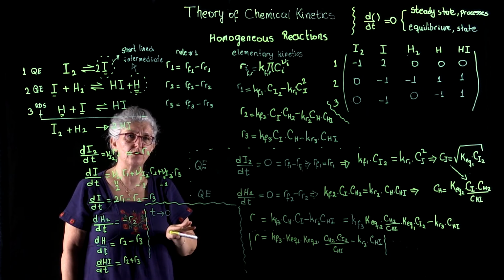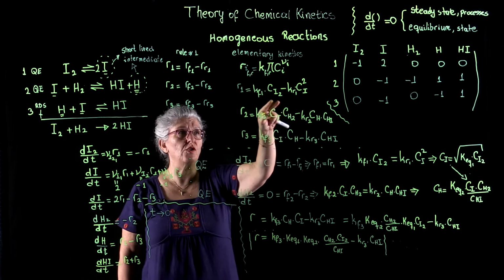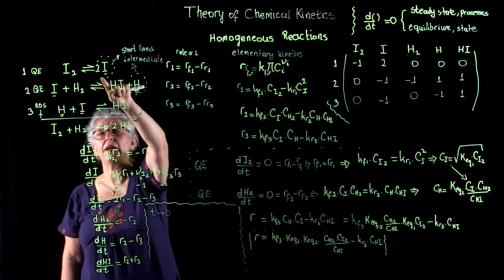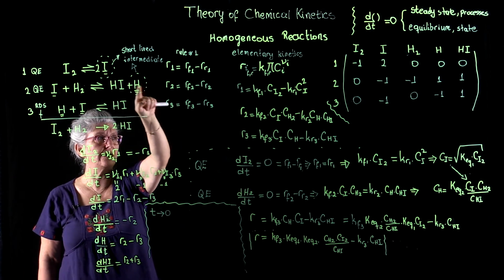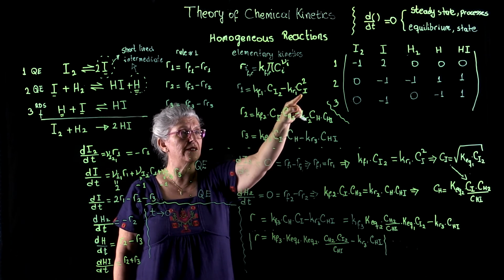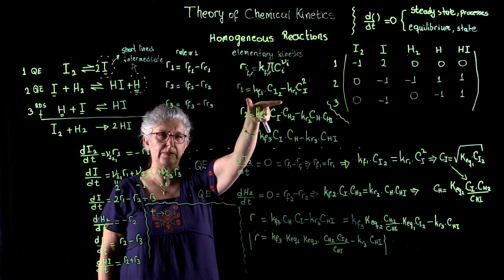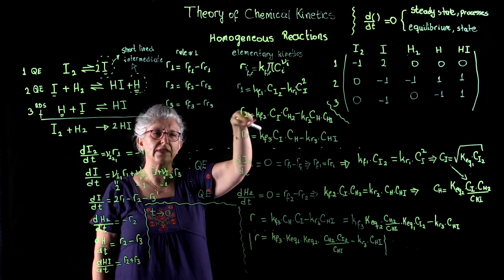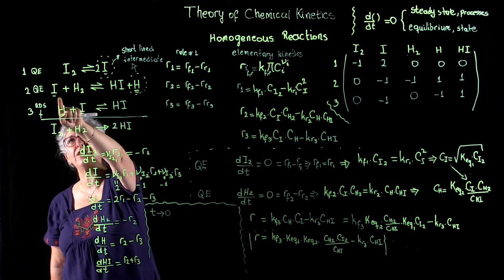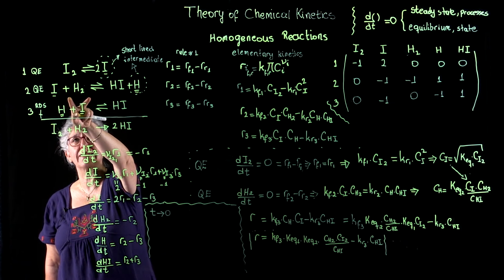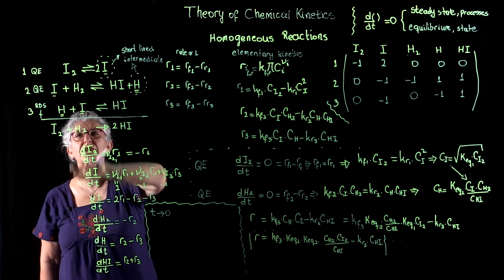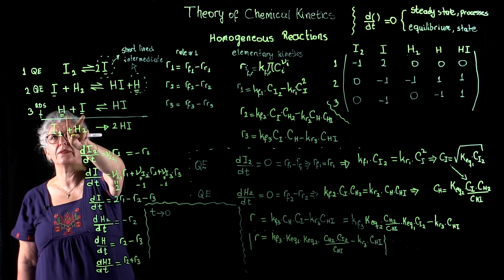In the early periods of the reaction, there is no iodine atom. This concentration is 0. There is no reverse. We have only the forward step. This step has not been triggered yet. So is this one.